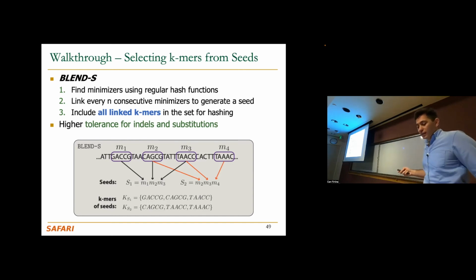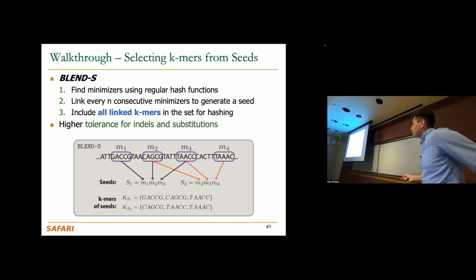Instead of including all overlapping k-mers within that seed, for example, this is one example of a seed. If you merge these three next to each other, this would be the entire seed, and the overlapping k-mers would be, for example, every three overlapping k-mers. But instead of doing that, we take the entire linked k-mers, these ones, not necessarily overlapping, and we include them as the items of that seed.